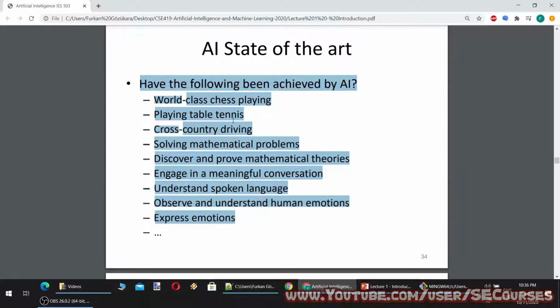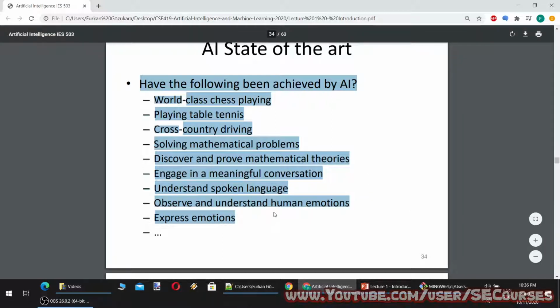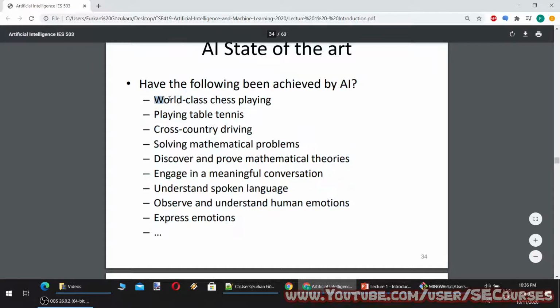So, here let's read it. Have the following been achieved by AI? World-class chess playing, playing table tennis, cross-country driving, solving mathematical problems, discovering and proving mathematical theorems, engaging in a meaningful conversation, understanding spoken language, observing and understanding human emotions, expressing emotions. So this is done. This is also done.